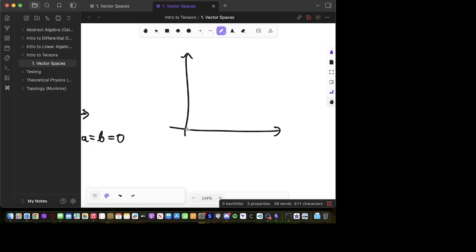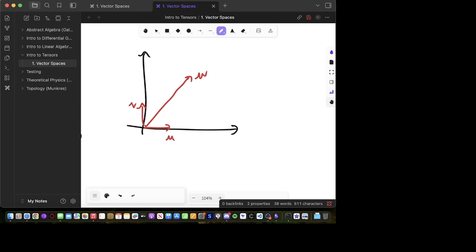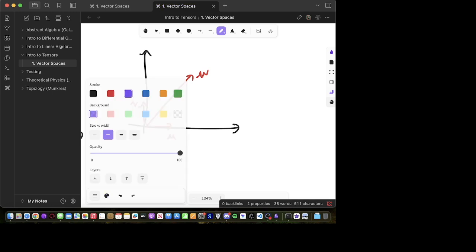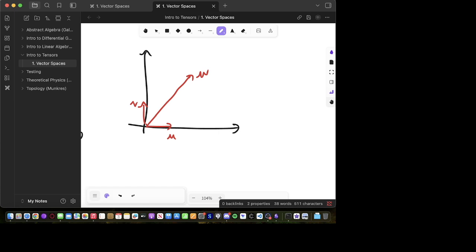But let's say we have vectors U, V, and W. Let's say we have 2U, and then 2V, and then minus W. I'm not sure if you can see, it's sort of transparent, but this gives us 2U plus 2V minus W equals 0.